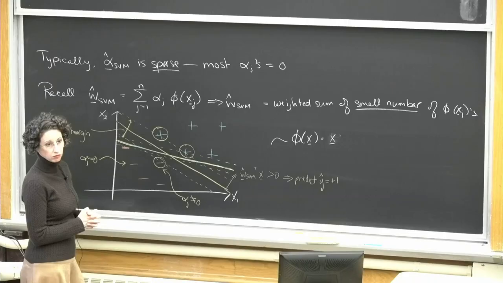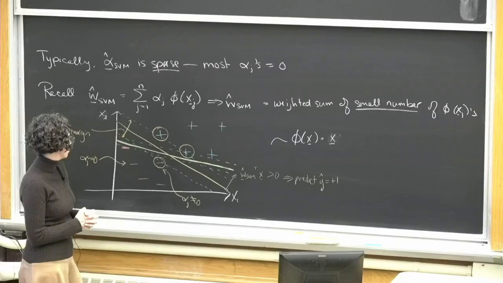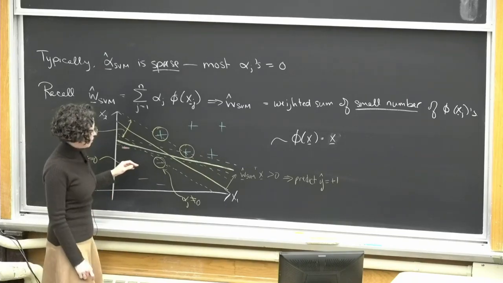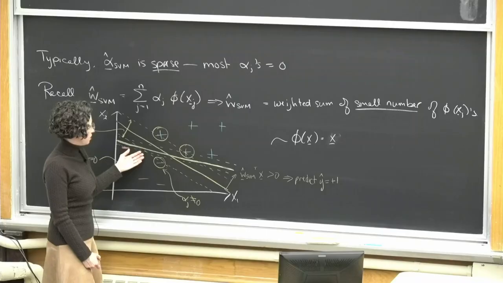So in real life, is it most likely that there will only be one data point on each side as the support vector? And also, does the margin have to be symmetric on the decision boundary, or can it be not quite symmetric on the positive side and negative side? Okay. So the first part of that question was, this is a very simple example.